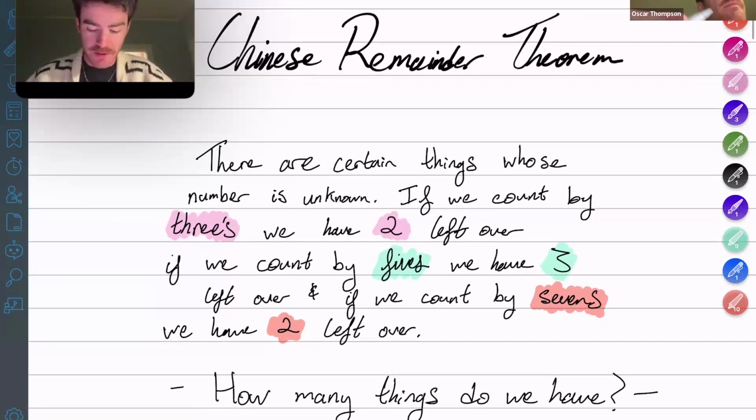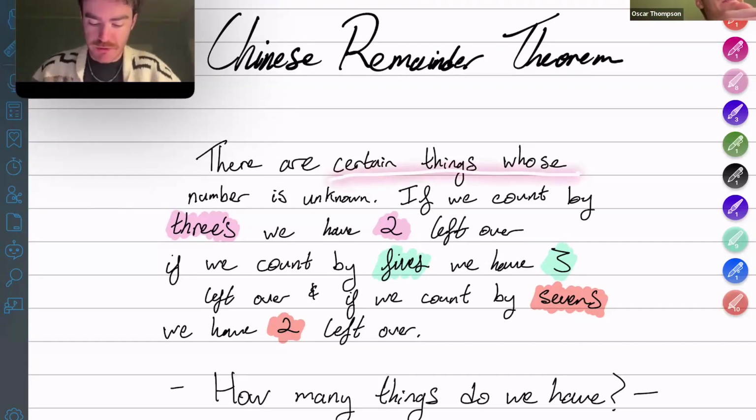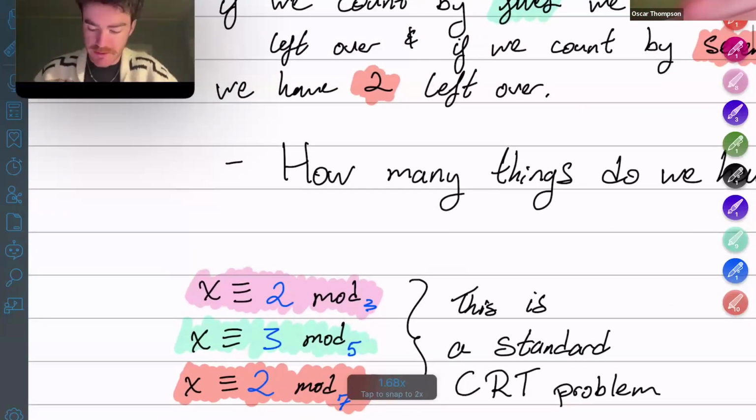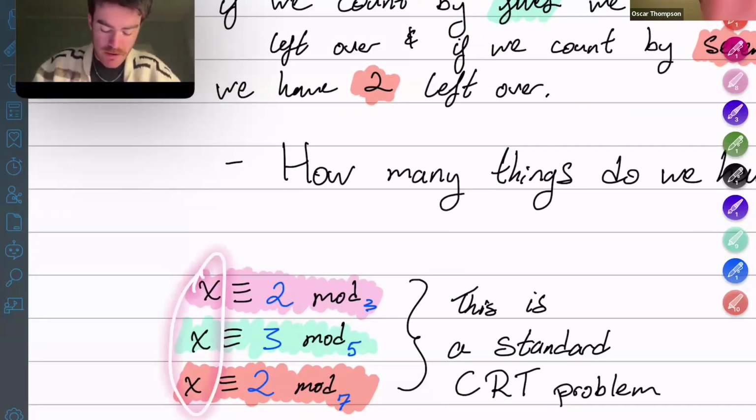So this is a math riddle, and it certainly is one because we have certain things whose number is unknown. We have leftovers. We have how many things. Everything about this screams difficult problem to solve. And sure enough, what we get when we put it into math language is that we have one unknown, x, that is congruent to 2 mod 3.